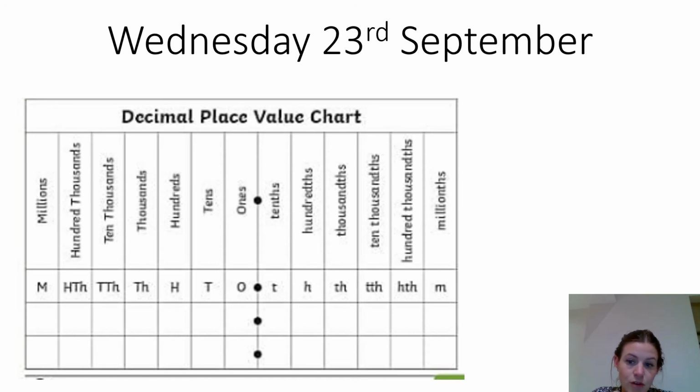You've already got 0.2, but what have your other parts got to be to make a total of 1.203? I would use that place value chart, put on what your whole is, 1.203, and then work from there. What do you need to add together to get to that whole or that total?